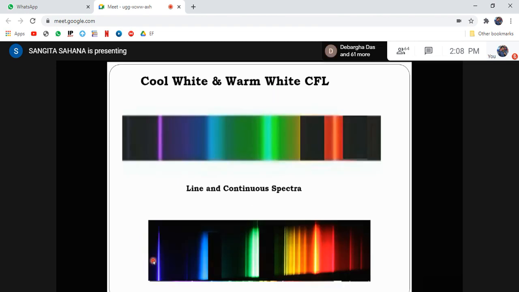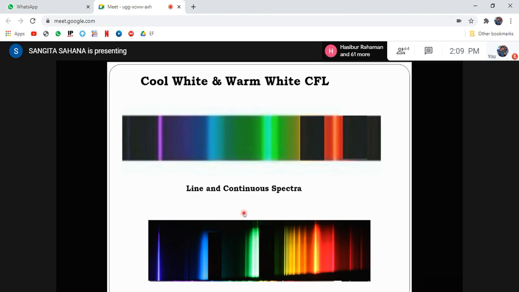But in the case of the CFL, we will get both line and continuous spectra. This is again a discharge lamp. So you can see that there are a few bright lines as well as continuous wavelengths in some parts. The top figure is for cool white and the lower figure is for warm white.